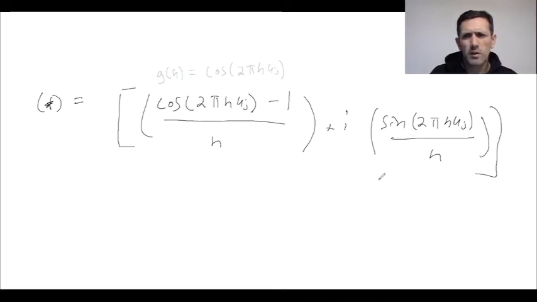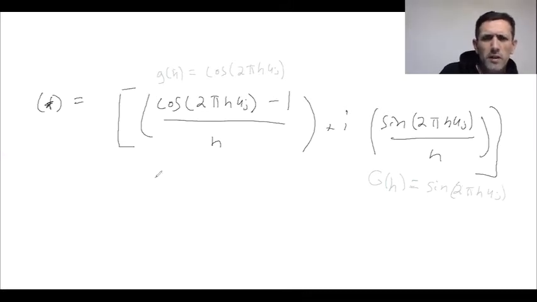And here, basically the same thing, sorry, not u, but h. So it's going to be sine 2 pi h uj.